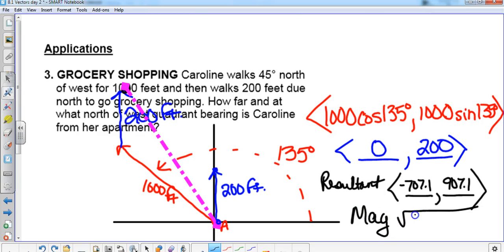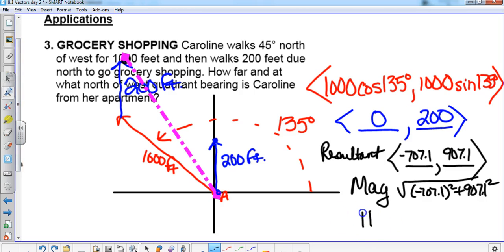Yep. It's a ginormous number, and then you square root and you get around 1,150. Kilometers, meters, feet from her apartment.